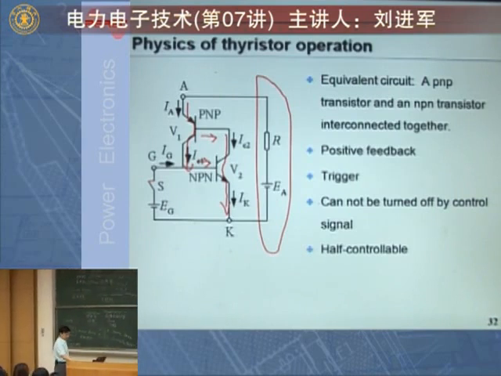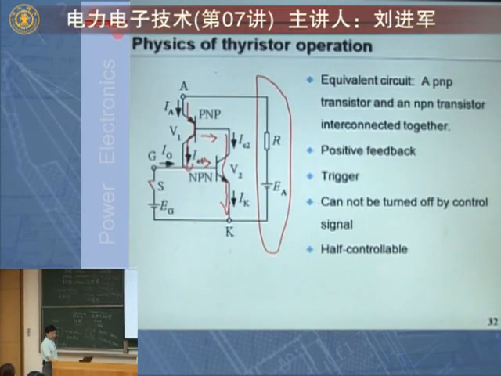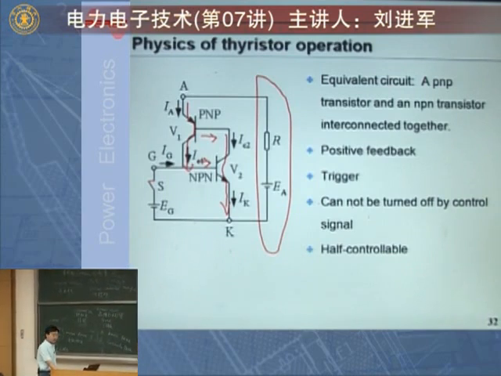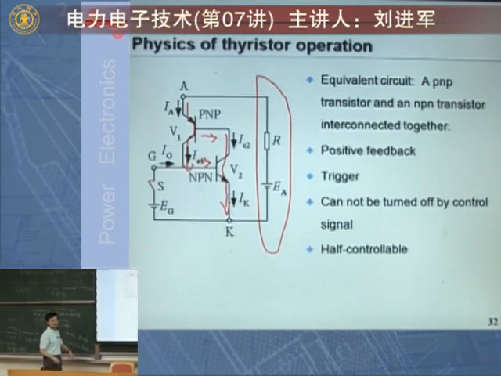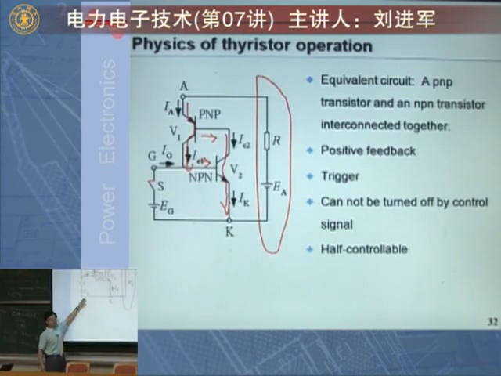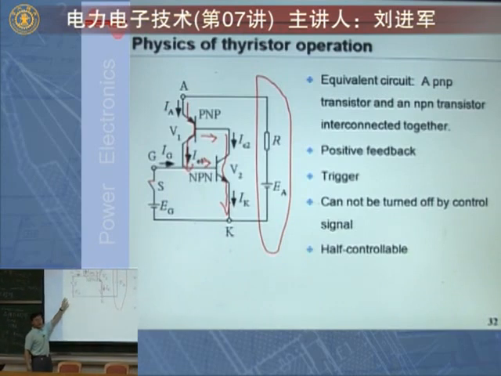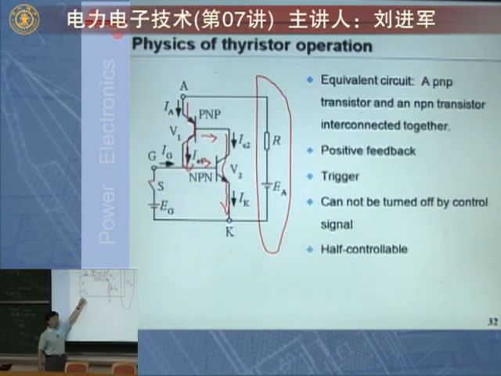That's the physics of operation when you turn on the thyristor. And I also mentioned that at this time, when you have already turned on the thyristor, even if you take out this gate current, this thyristor will still allow large current flowing through, because the inner side has already established positive feedback.